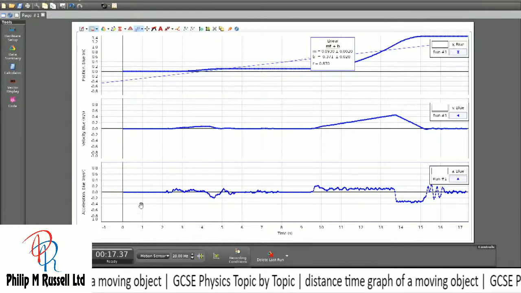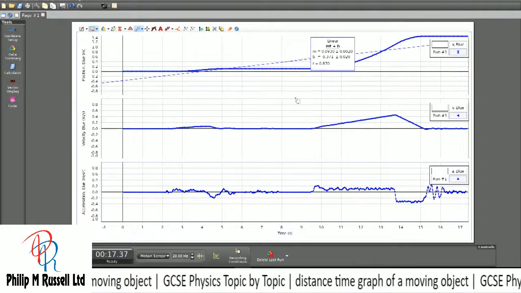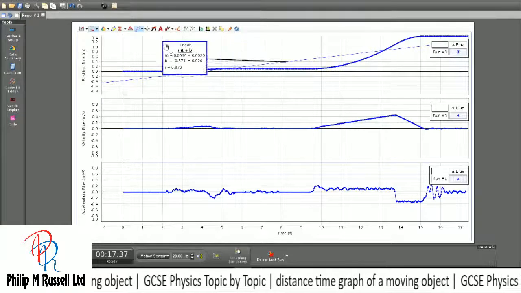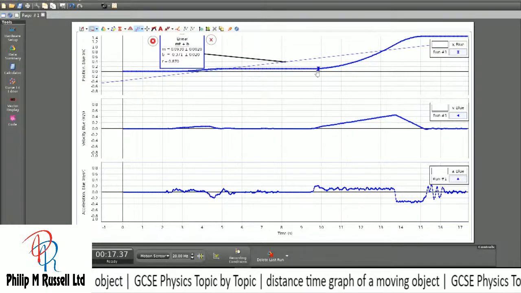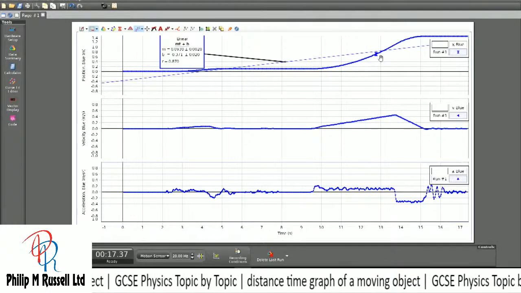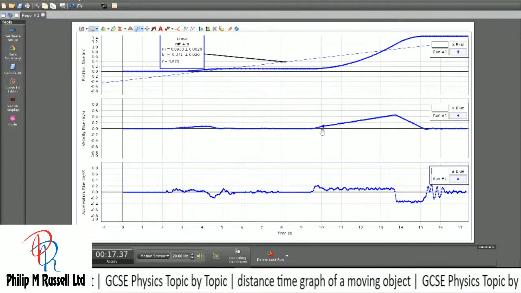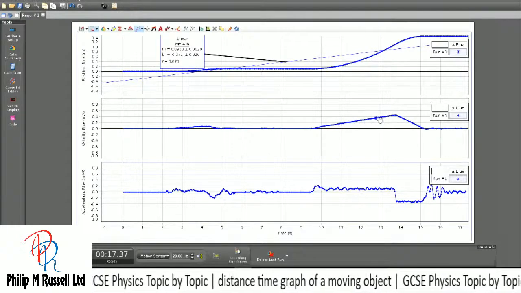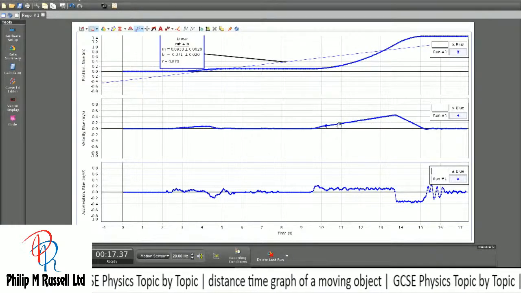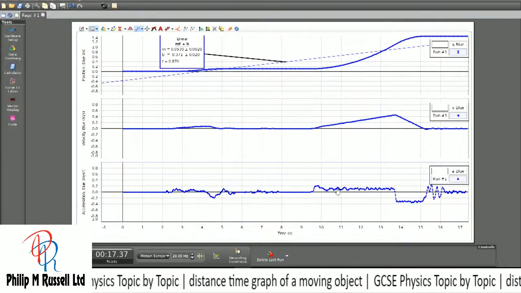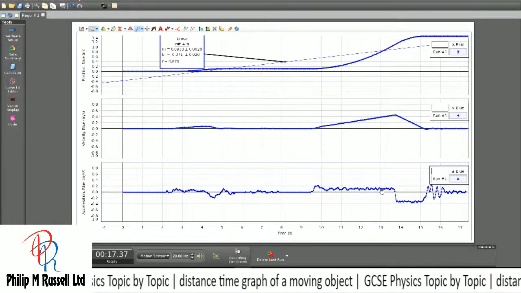So nothing was going on, and then we're looking at here, I'll just move this box out of the way, the position. Gradually we can see a gradual change here, the velocity here increasing, however, fairly uniformly, and the acceleration here not looking brilliant.